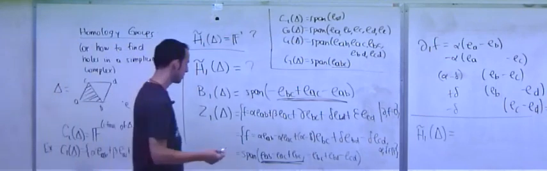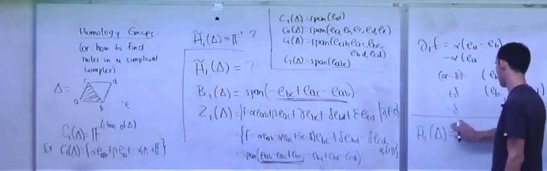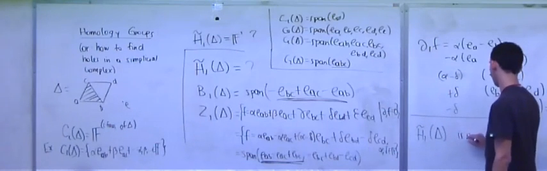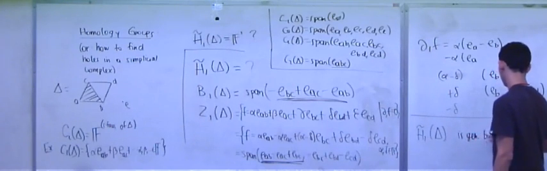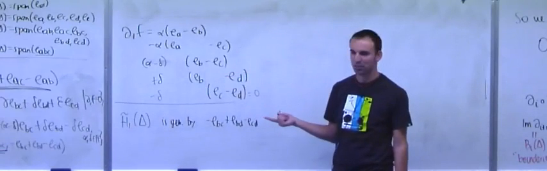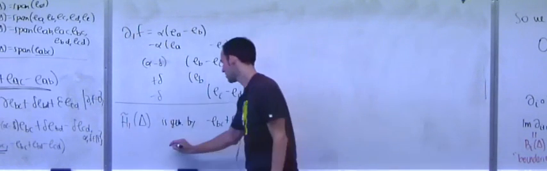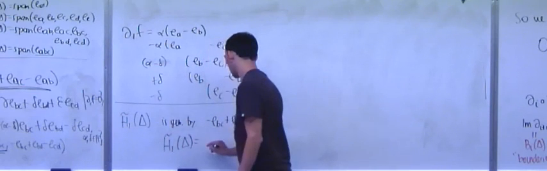And what I get is that this mod this is generated by minus EBC plus EBD minus ECD, which is the hole. That is the hole that you guys told me I should find. Okay? And so that means that this guy is exactly f to the 1.